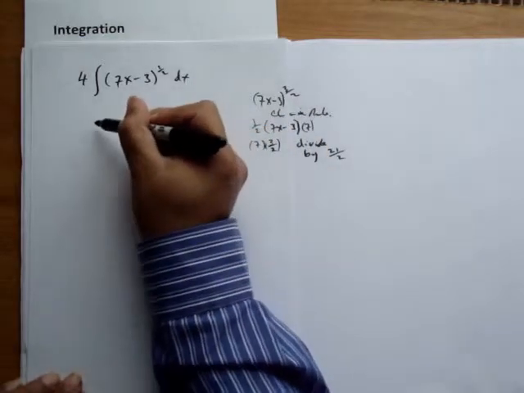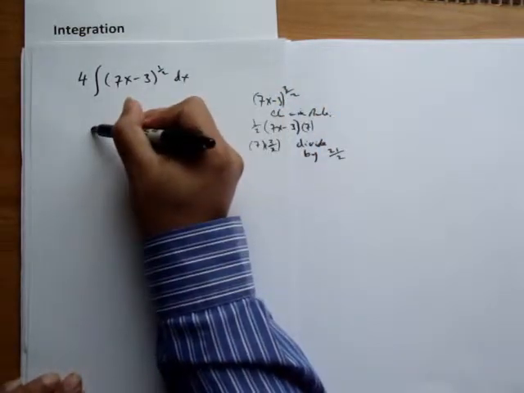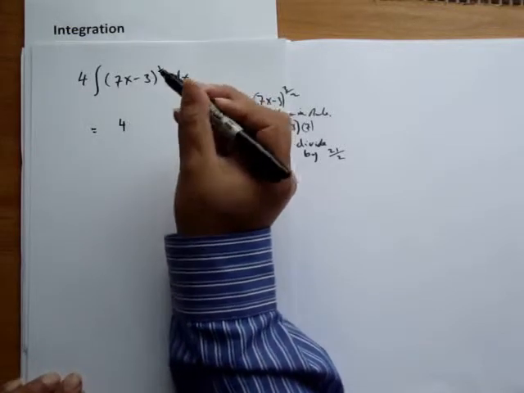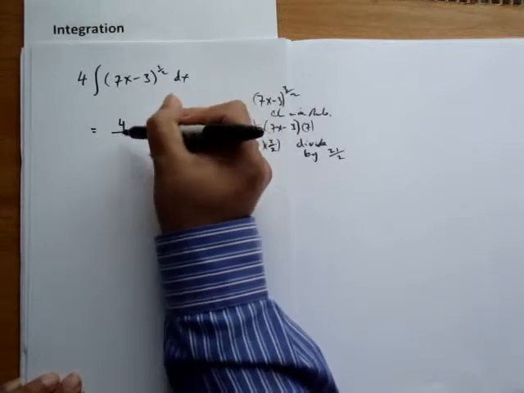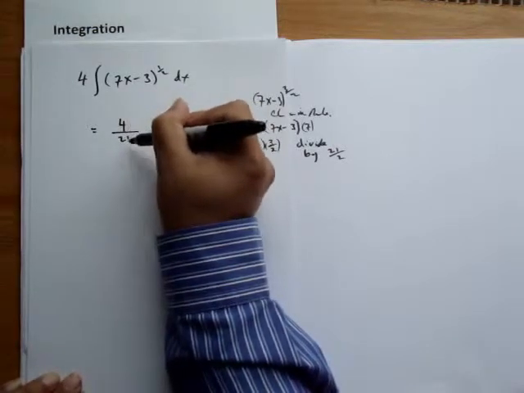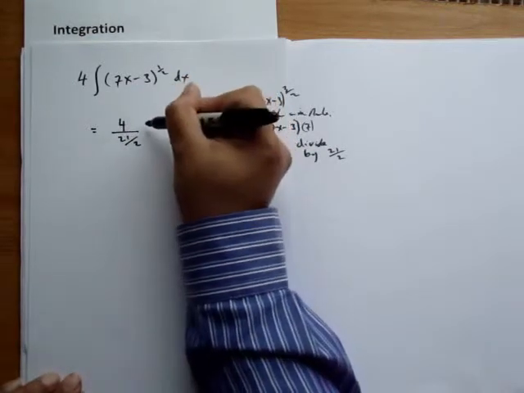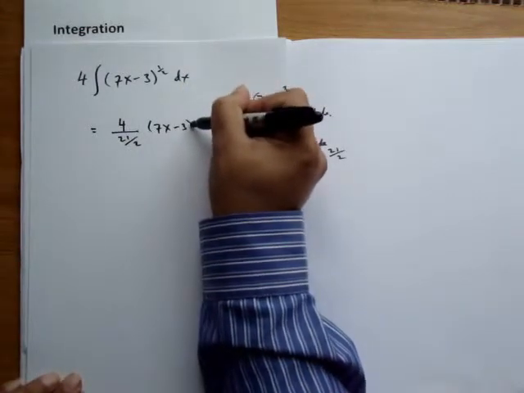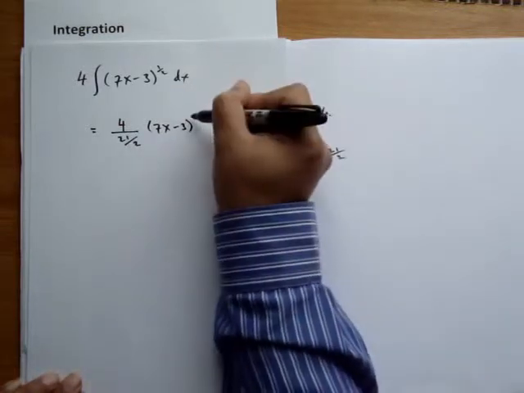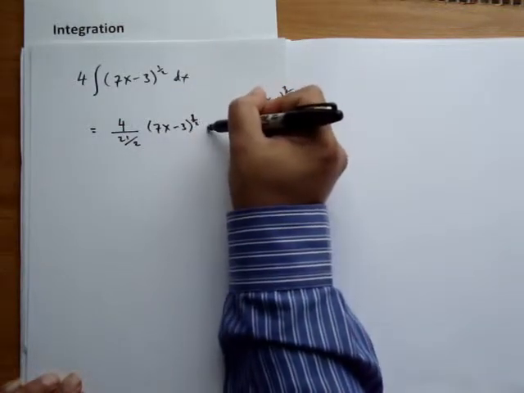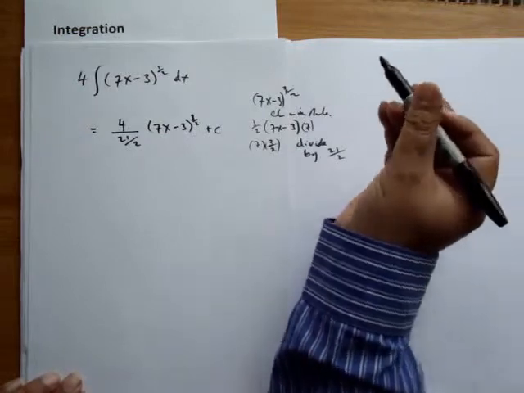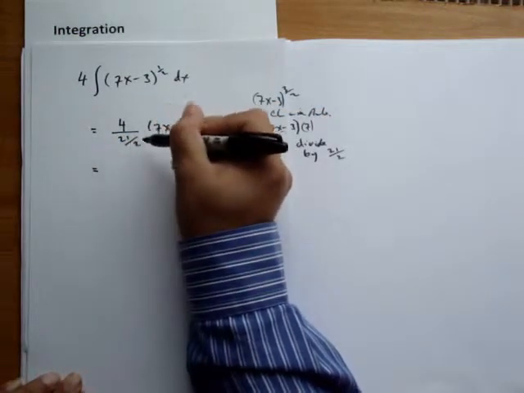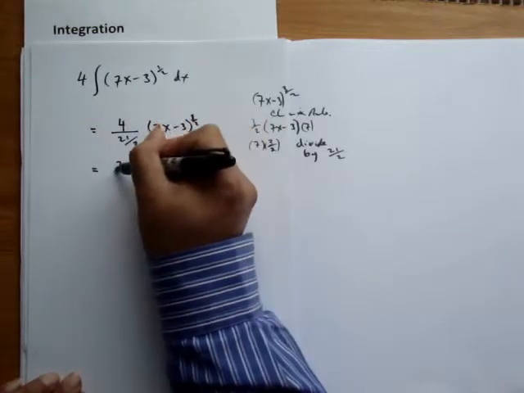So this then becomes 4 divided by 21/2, (7x - 3)^(3/2) + c. And then when we tidy that up, 4 over 21/2 is 8/21.